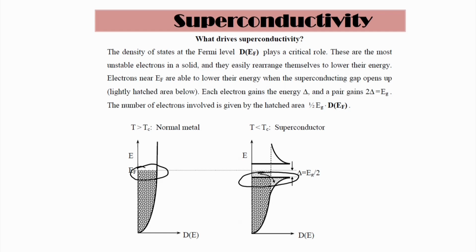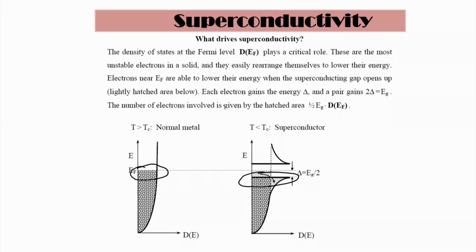And this corresponds to a gap which is given by the gap that we see in usual cases. So, this is the gap energy, and we need to supply larger energies than the gap energy in order to destroy superconductivity.